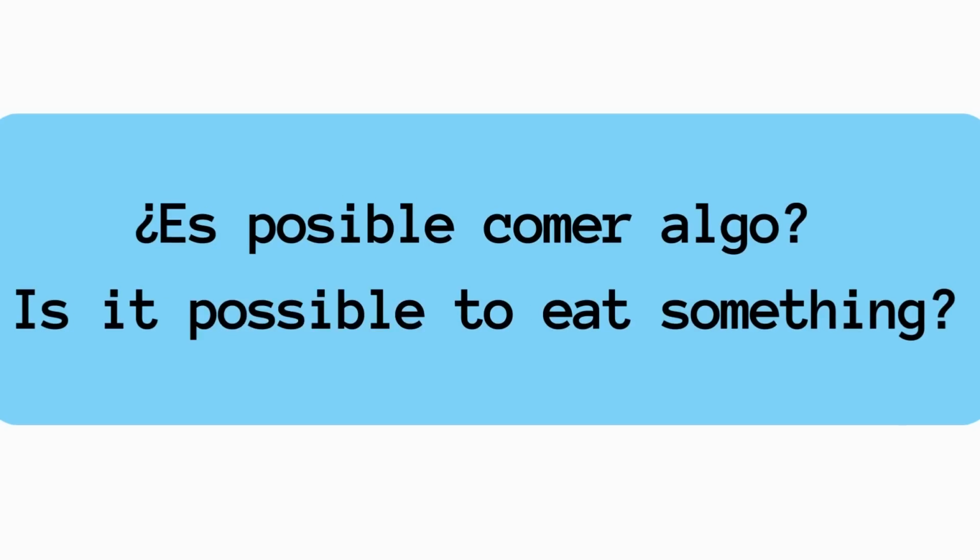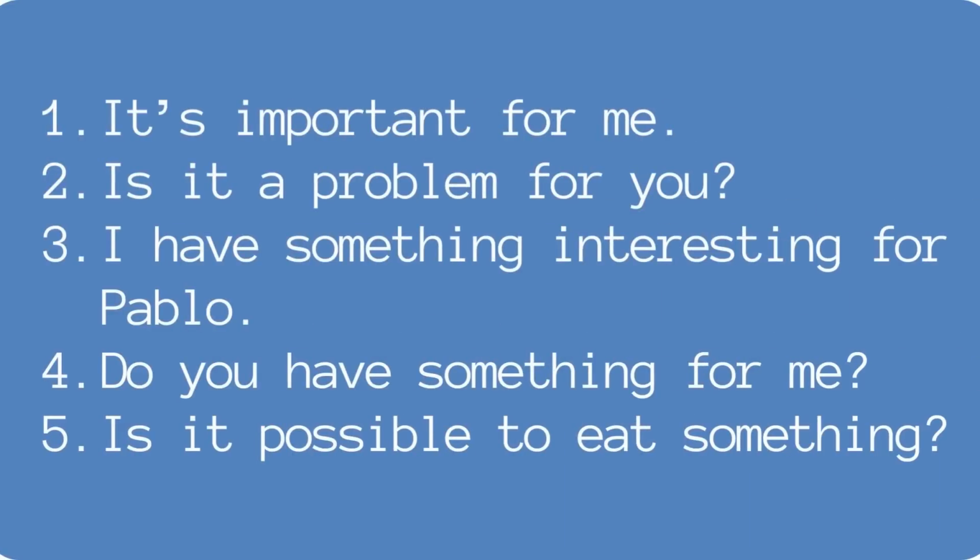Okay, and looking at those very same sentences, but now without the support, let's quickly go through them. So number one, it's important for me is es importante para mí. Number two, so how do we say, is it a problem for you? ¿Es un problema para ti?